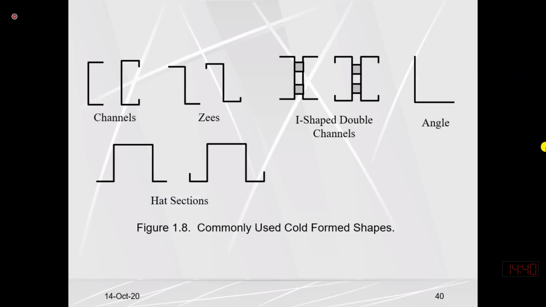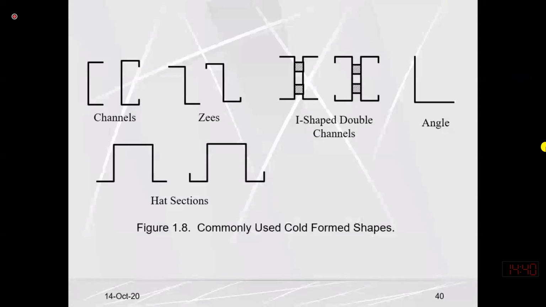We may have the hat section, or we can make any type of shape from steel sheet. These are also called cold work sections or cold form, because we are bending the steel sheet at room temperature to make any desired shape. So they are usually also referred to as thin walled sections.